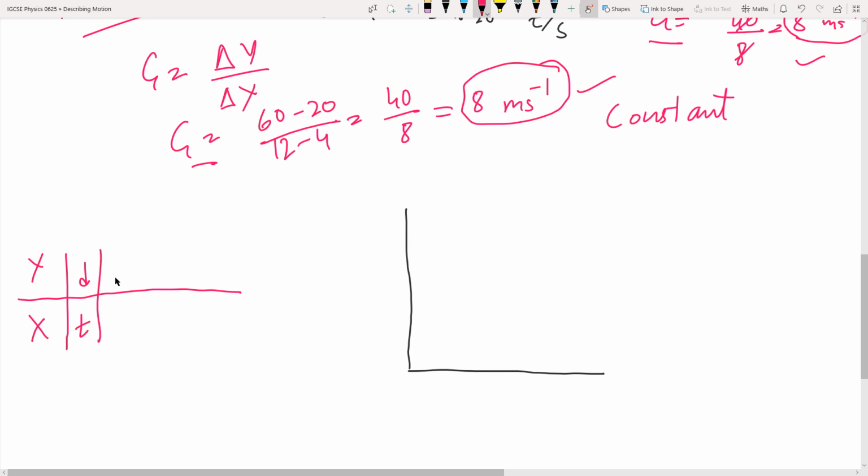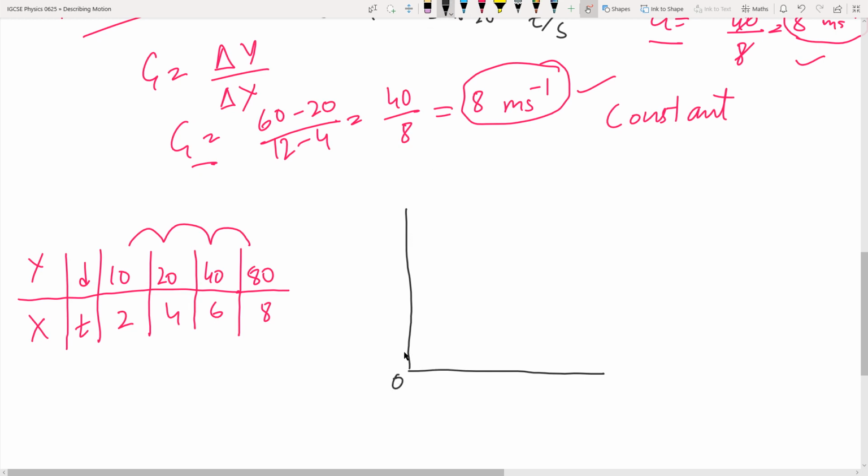Let's say the car was at 10, then it went to 20, then 40, and finally 80. As you can see, there is not a gradual change in distance, while the time is 2, 4, 6, and 8. So let's try and plot how the graph is going to look.